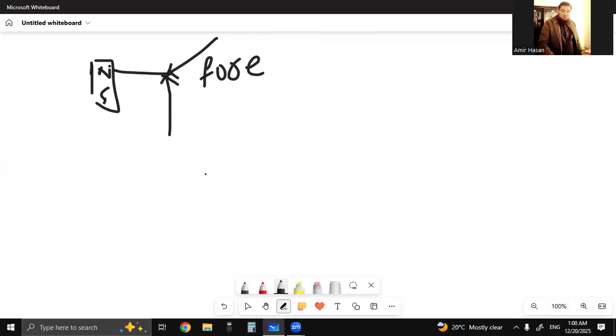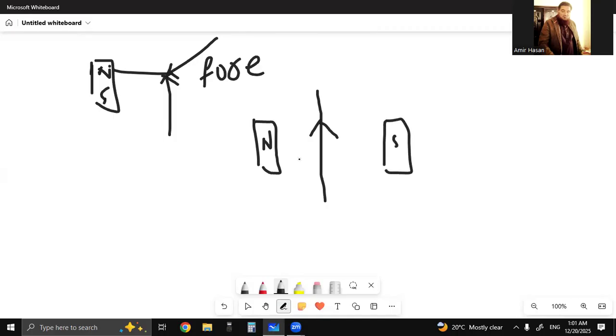What happens when current is moving in a coil or wire, and there is a magnetic field? This wire experiences a force. For example, current is moving in this wire, and it is placed in the magnetic field. The magnetic field always moves from north to south.